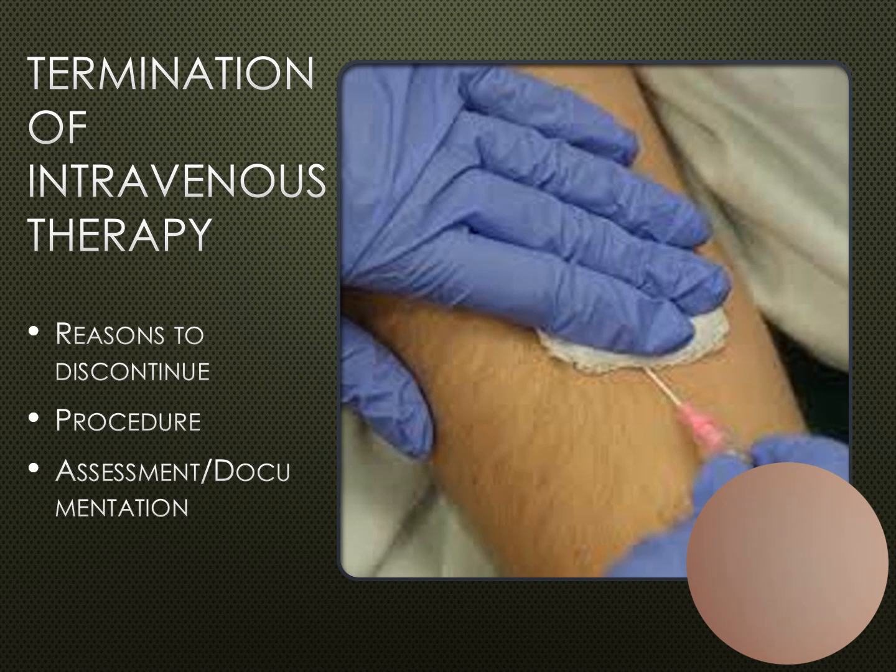Then we provide instructions to the client to leave the dressing in place for a while, avoid rubbing, scratching, or bumping the site, and notify the nurse if renewed bleeding, pain, or discomfort develops. And don't forget to document your education. Record the appearance of the site, condition of the catheter, and how the client tolerated the procedure.